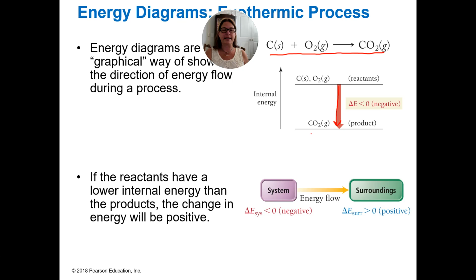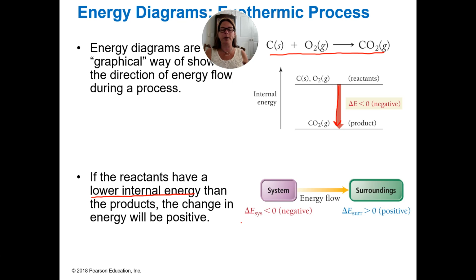What that means is that it is more energetically favorable to form CO2 than it is to be their individual elements.